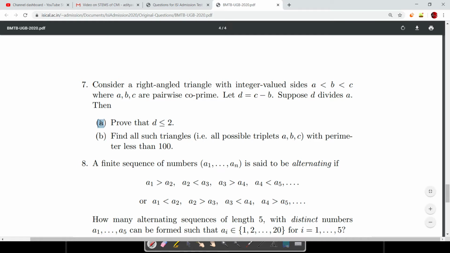Now the first part, the proof that d is less than or equal to 2, essentially means that we have a less than b less than c, and d equals c minus b. Since d equals c minus b and this divides a, there are a lot of ways we can find out that d is less than or equal to 2.